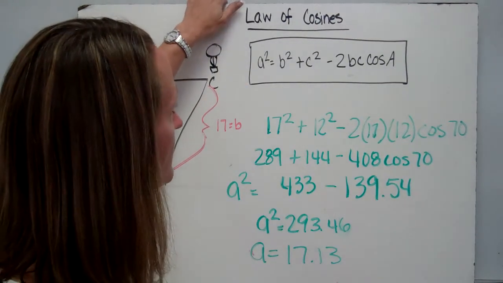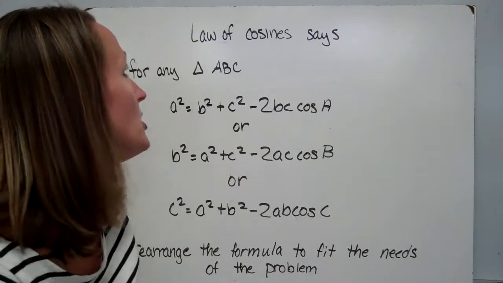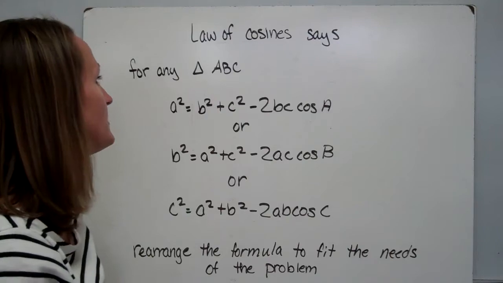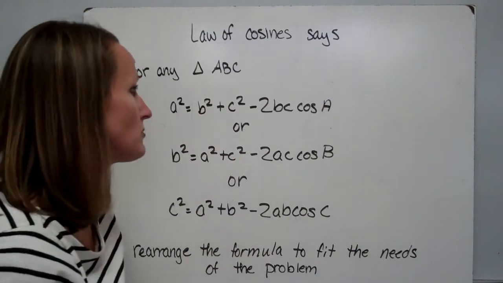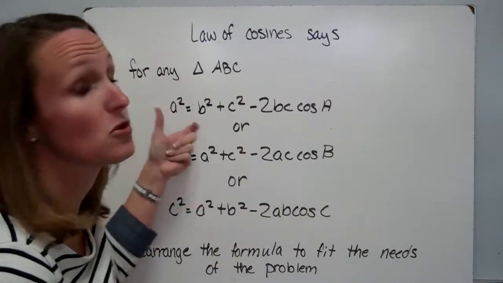Now, the nice thing about the law of cosines is that, much like with our friend the Pythagorean theorem, you can rearrange it. So the law of cosines says that for any triangle ABC, A squared equals B squared plus C squared minus 2BC cosine of A. That's the one we just used.